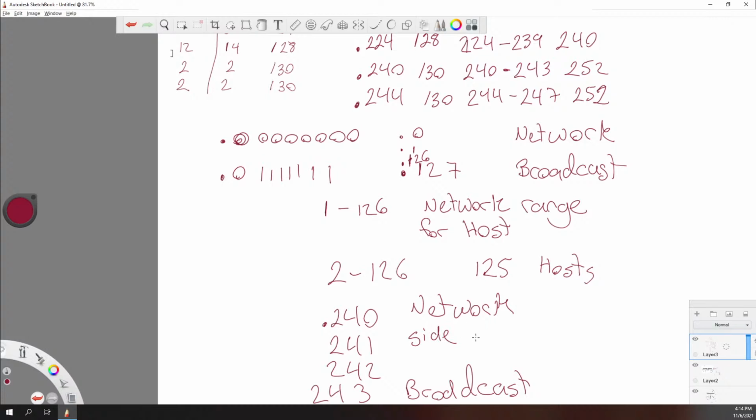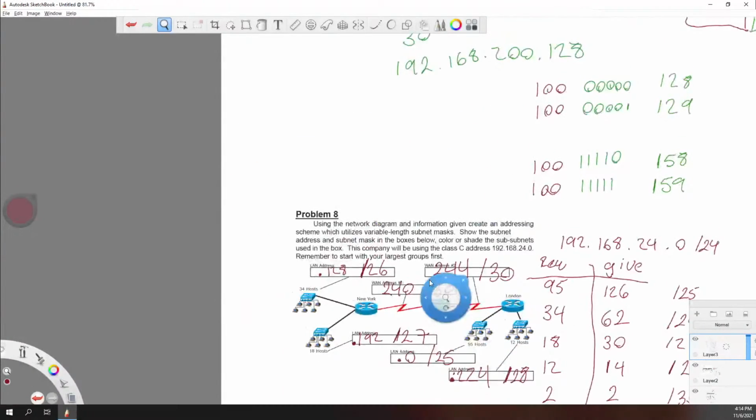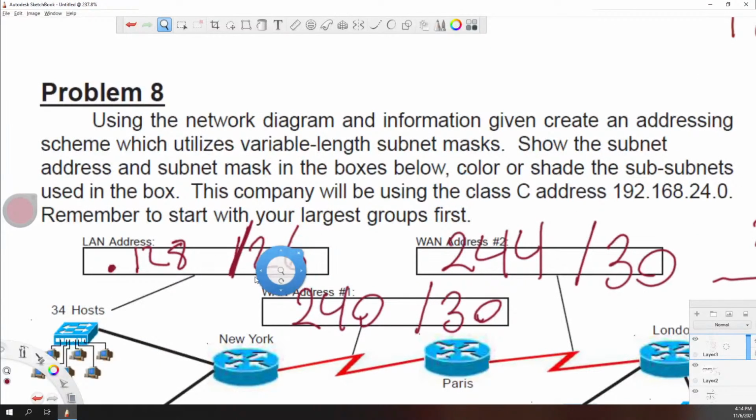Side A, side B. And what I mean by side A, side B is basically one side of these has to have an address, right?